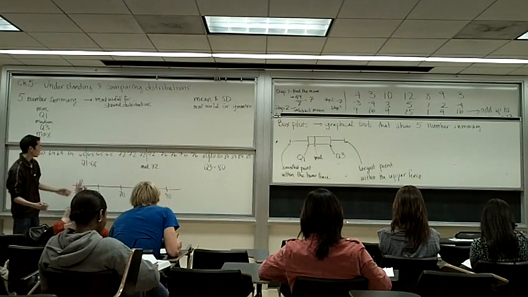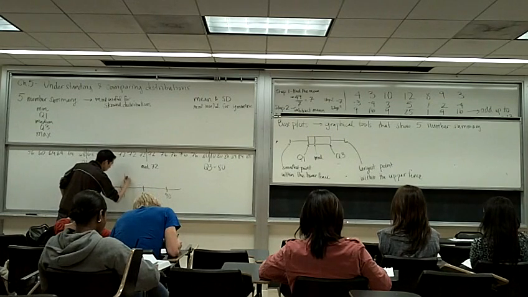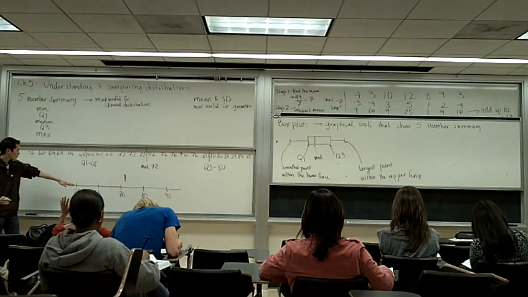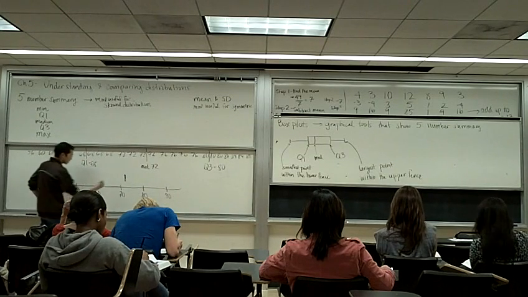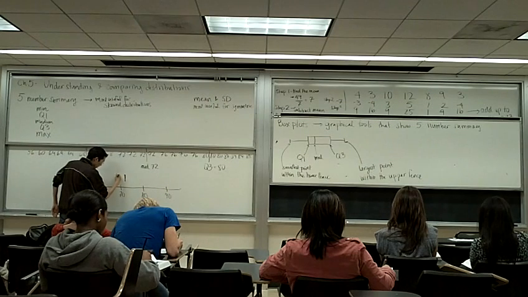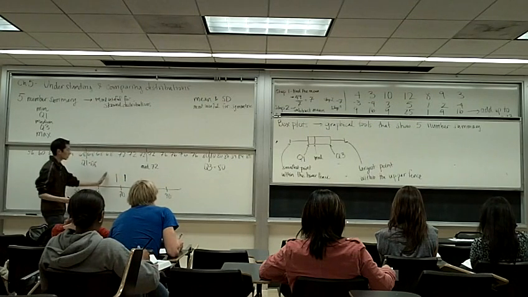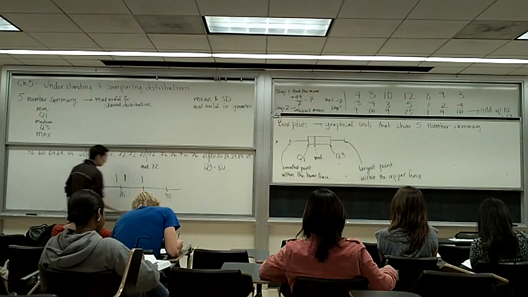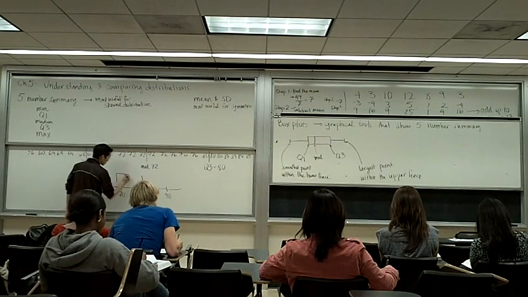So the median we put at 72. This is going to be the middle line in our box. Q1 is at 68, so we go down to 68, and that's the left edge of our box. And Q3 goes up to 80. And so this is the box here.